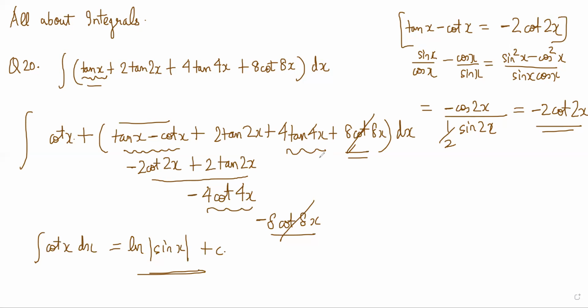The next one that we look at now is this one. This is the question. You have the integral of 2x power 6 plus 15x power 4 plus 2x square plus 3, multiplied by cos 2x dx.